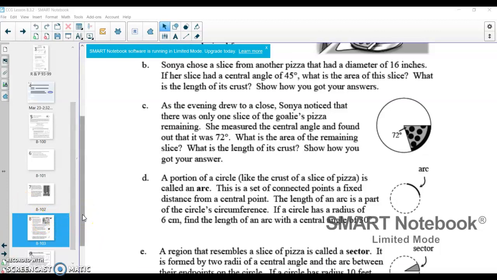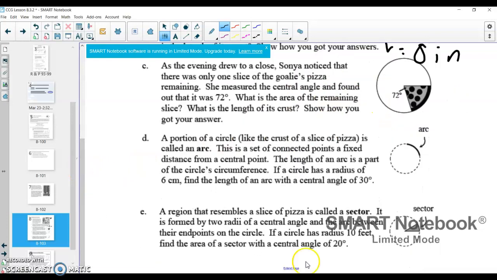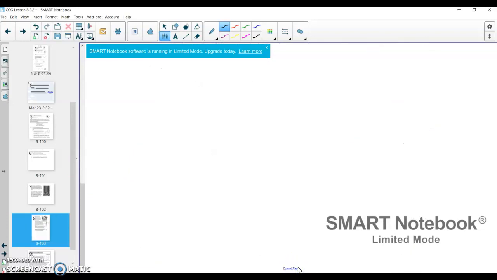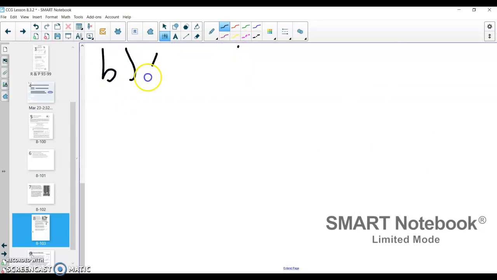All right. And so we have a pizza that has a diameter of 16 inches, which means it has a radius of 8 inches. My 8s are terrible on here, I apologize. And that is how we're going to find the area and the circumference for part B. In part B, the area is pi times r squared.